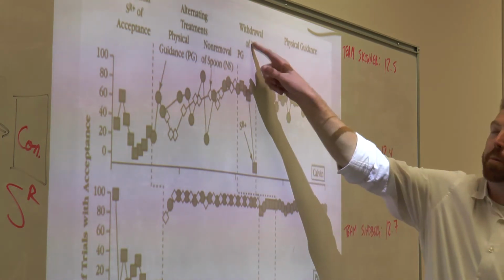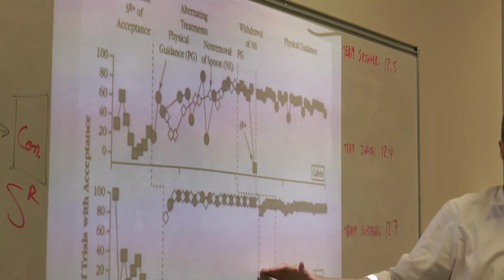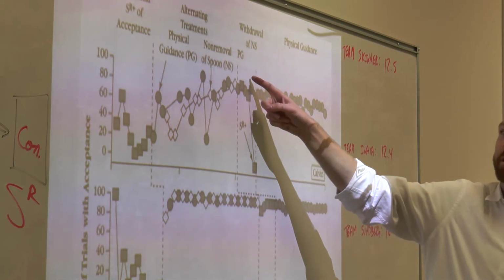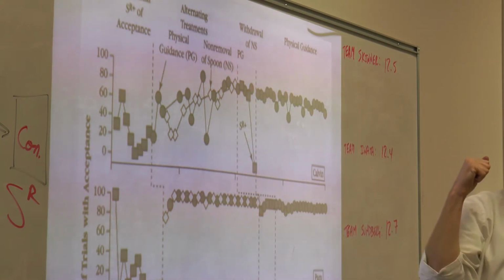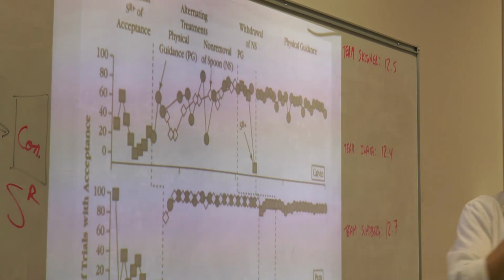Because what they're talking about is the withdrawal of the spoon, not the withdrawal of the intervention. So they're saying we're withdrawing the spoon, not that we're withdrawing that intervention. Yeah, so it's the non-withdrawal of the spoon, taking the spoon out of the kid's mouth, and then they just do physical guidance only.